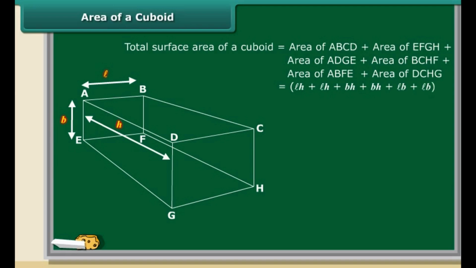Therefore, total surface area of a cuboid is equal to 2 into LB plus BH plus HL.